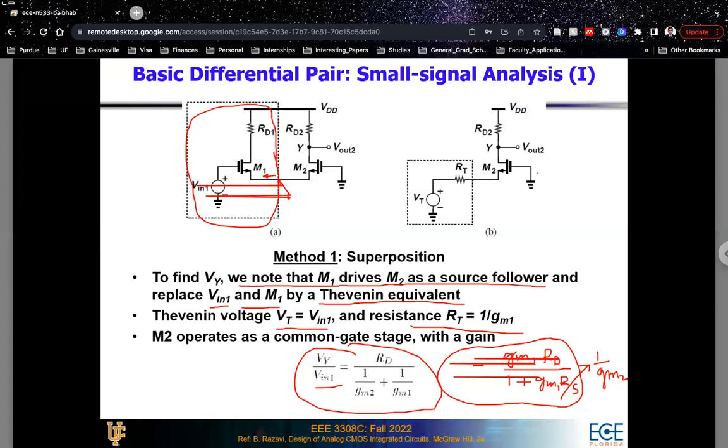Now for M2, you have it as a common gate stage. And for that, the gain will just be positive Rd divided by 1 upon gm2 plus 1 upon gm1. As you know, the common gate stage is exactly similar to your common source stage in terms of the gain, but your polarities are just the opposite, which means that your gain is a positive quantity instead of a negative quantity.